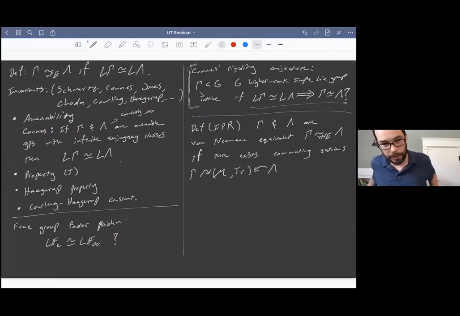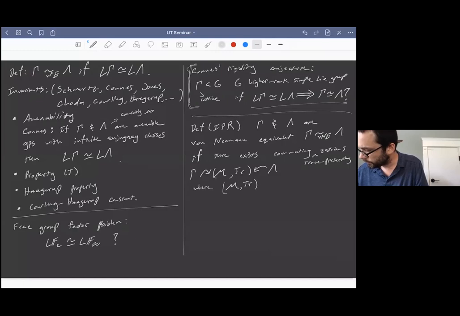Or if you like, you can think of this as an action of the product group on M. But now M, I'm not assuming here is L infinity of some measure space, but I'm allowing it to be any von Neumann algebra with a semi-finite trace. These are commuting, trace preserving actions. So this is where M with its trace is a semi-finite von Neumann algebra.